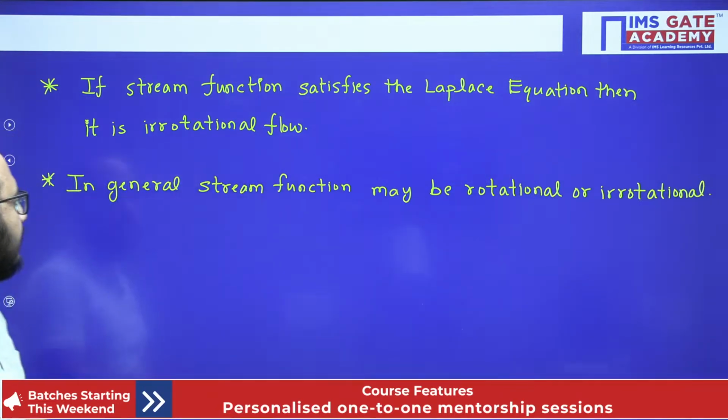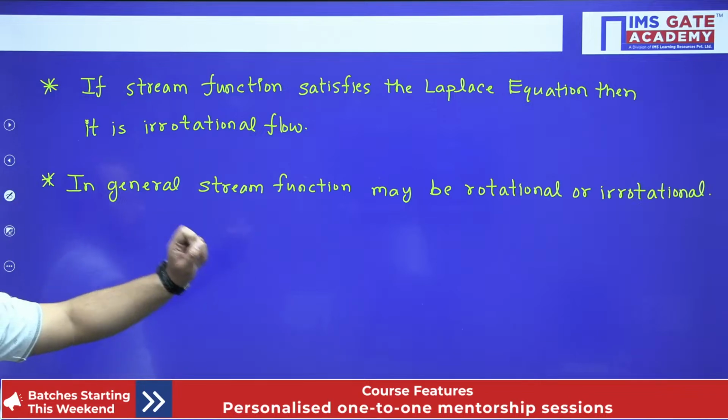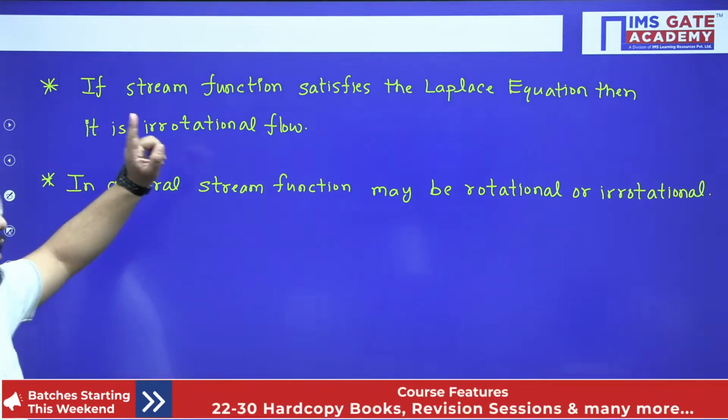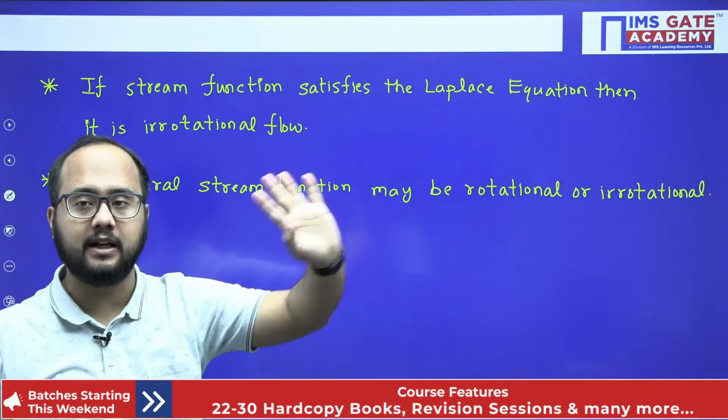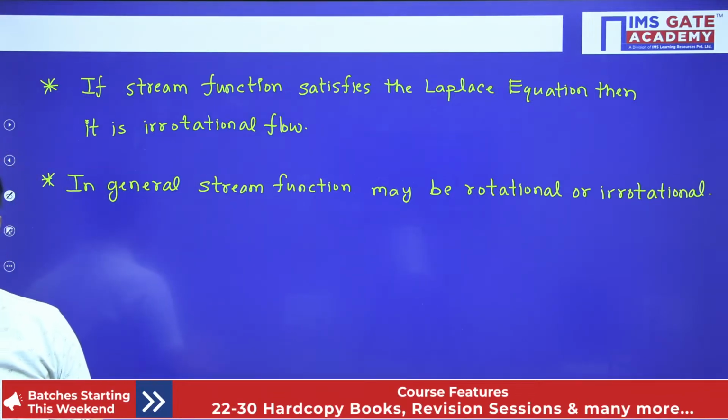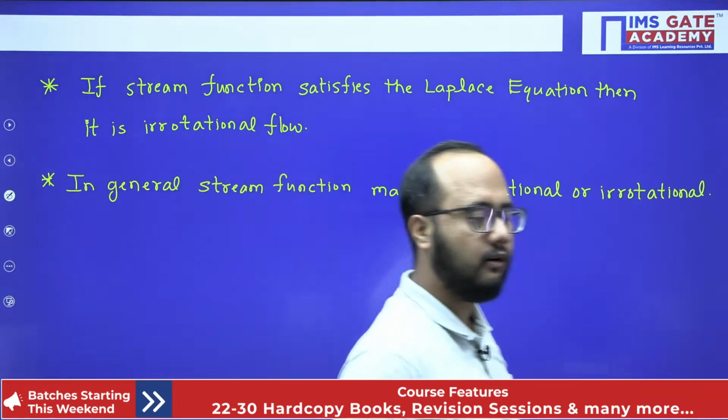I hope the point is clear. But for irrotationality we need to satisfy the Laplace equation. That is the very important point. I hope the point is clear till now.